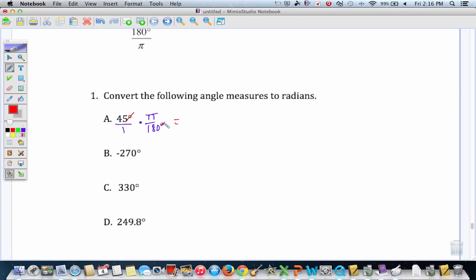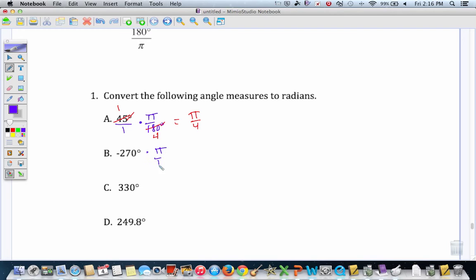The degree symbol is the first thing that goes. Once our angle no longer has a degree symbol, it's now considered to be a radian. And then 45 and 180 can both be divided by 45, and that gives us a radian measure of pi over 4. Noting that radians are typically written without a label, so if you see an angle written without a label, it's considered to be a radian measure.